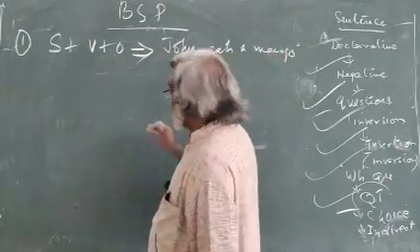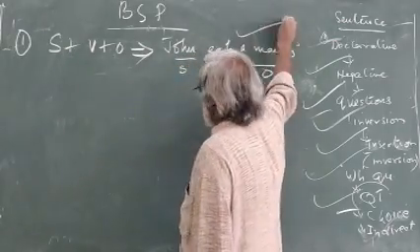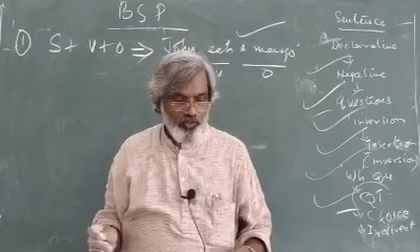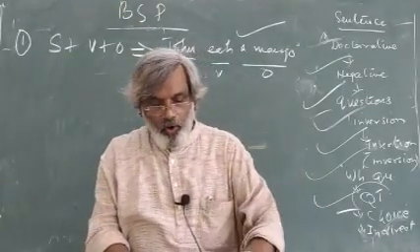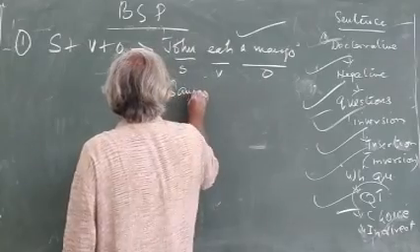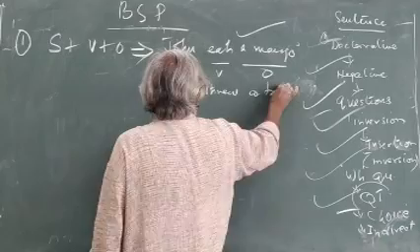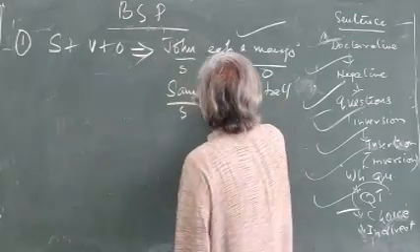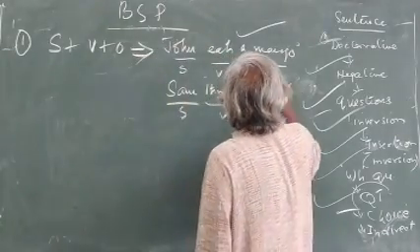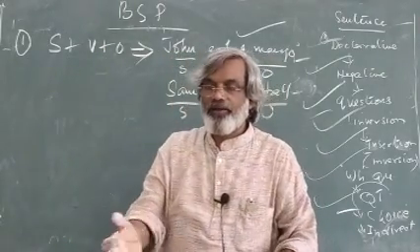John, subject; eats, verb; mango, object. Pattern number 1. Another example: Sam threw a ball. Sam is the subject, threw the verb, a ball the object. 2 patterns over.